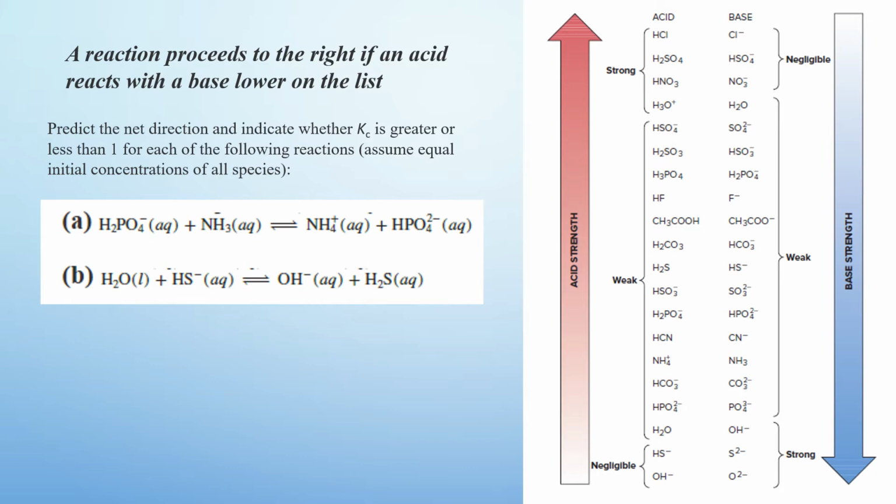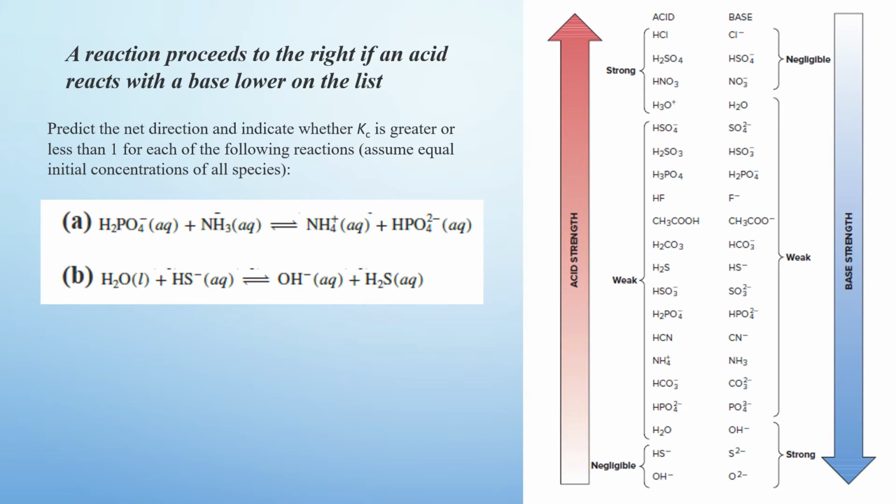Using this figure, you can compare the strengths of the acids and bases. And to determine the direction of an acid-base reaction, you can also use this figure, using the rule that the stronger acid and base will form the weaker acid and base.